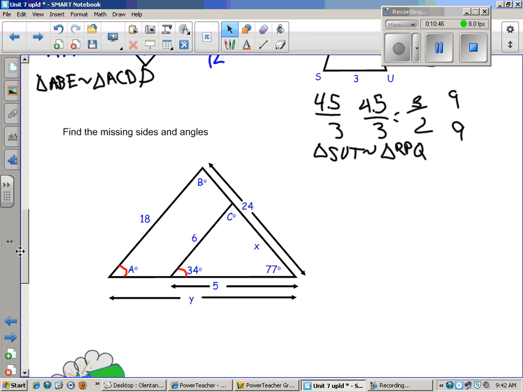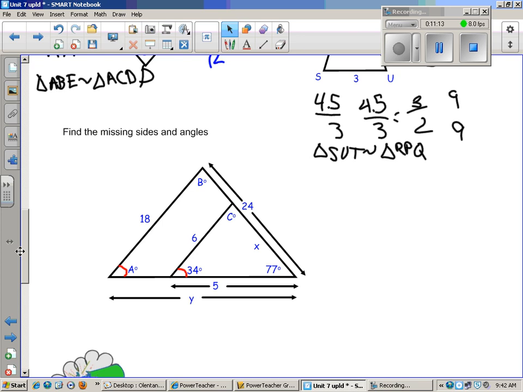Well, do we know what y is to prove that it's similar? Well, that's kind of the chicken and the egg thing. Until they're similar, we can't solve for y. So we can't use y to prove they're similar yet. But is there another way? Well, there's one side, 18 and 6, but do we know enough of any other sides to compare that proportionally?